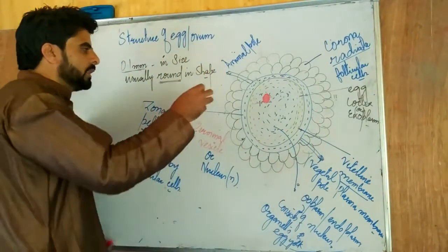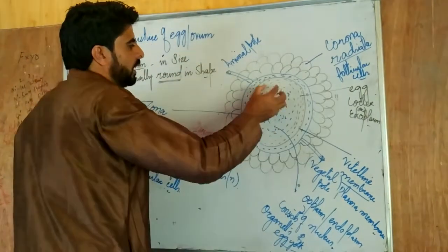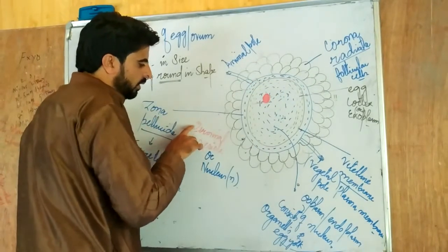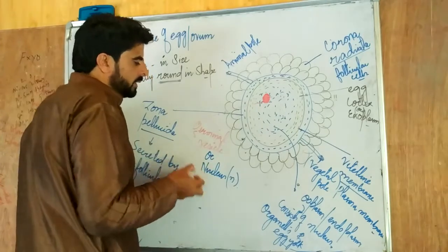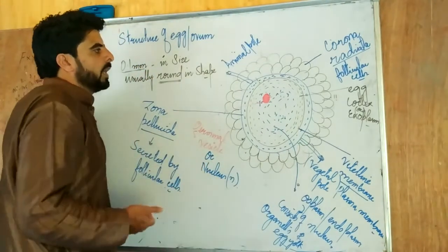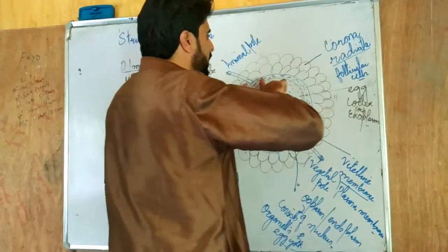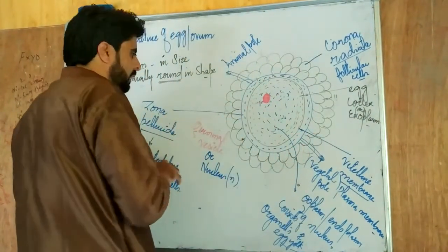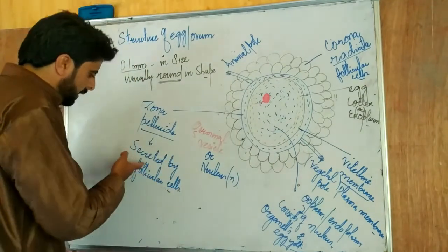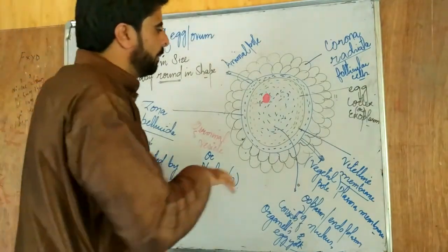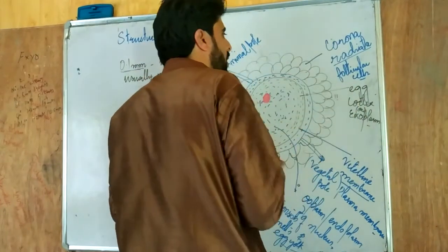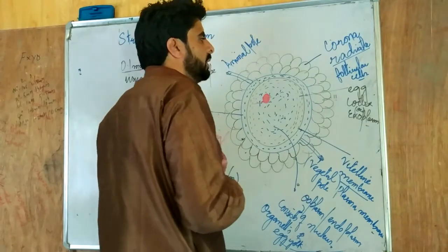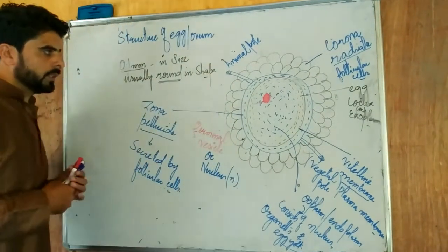The nucleus is located in the endoplasm, and it is called the germinal vesicle, a haploid nucleus. Then it is surrounded by one more layer, the blue layer I have made here, known as zona pellucida. If anybody asks who secretes it, it's secreted by the follicular cells. Then the follicular cells make a layer around it, which we call corona radiata.